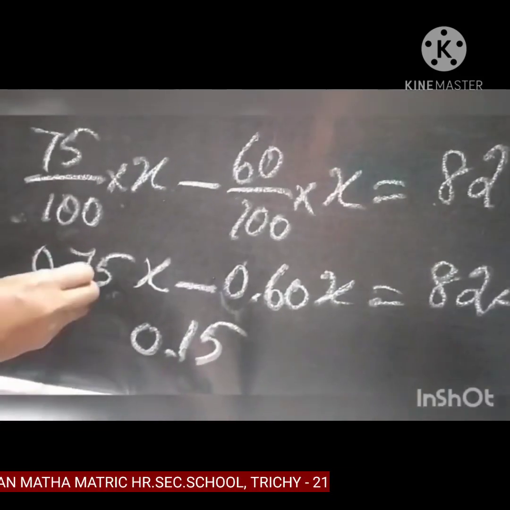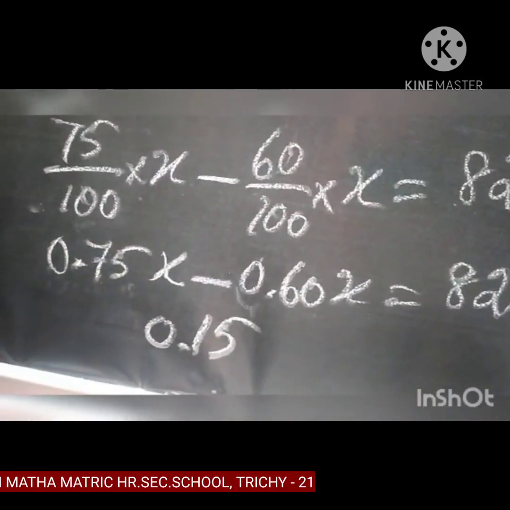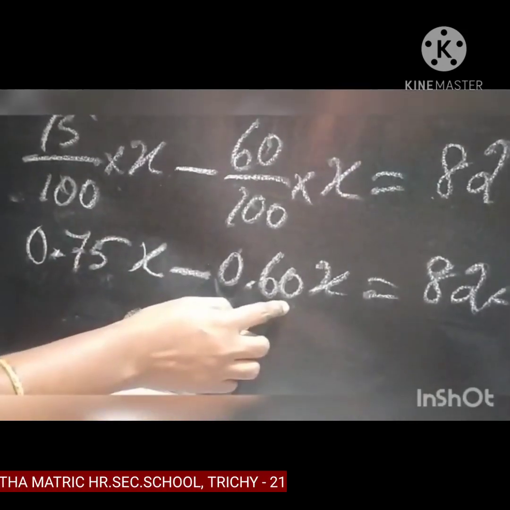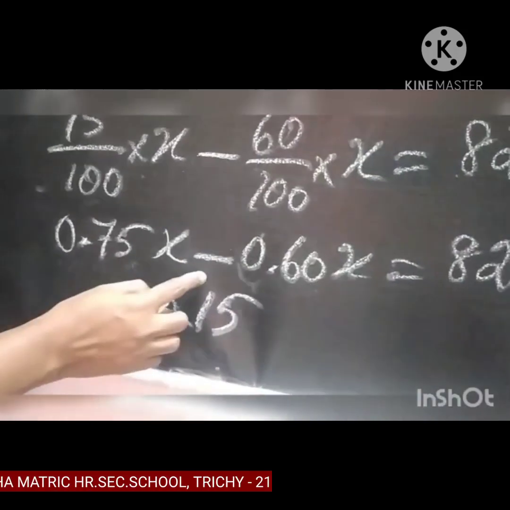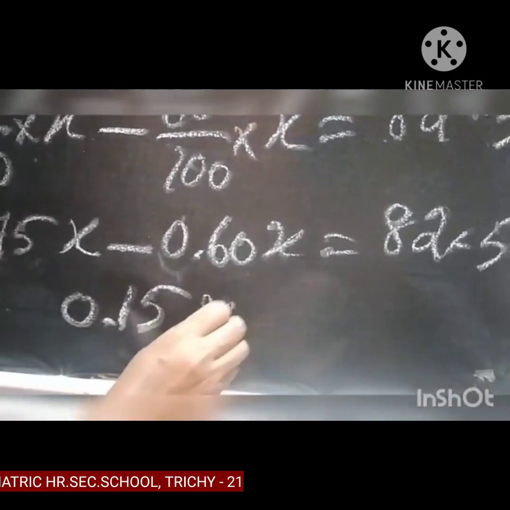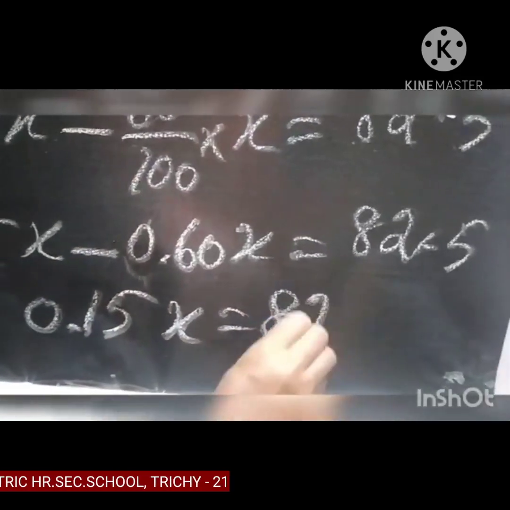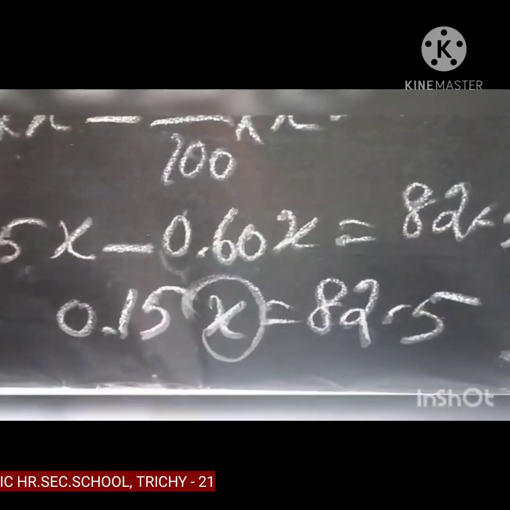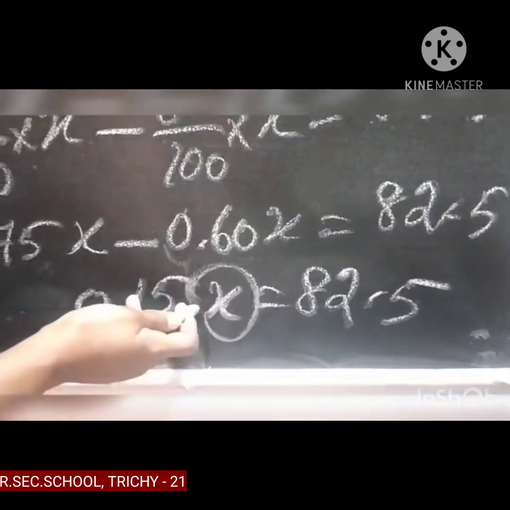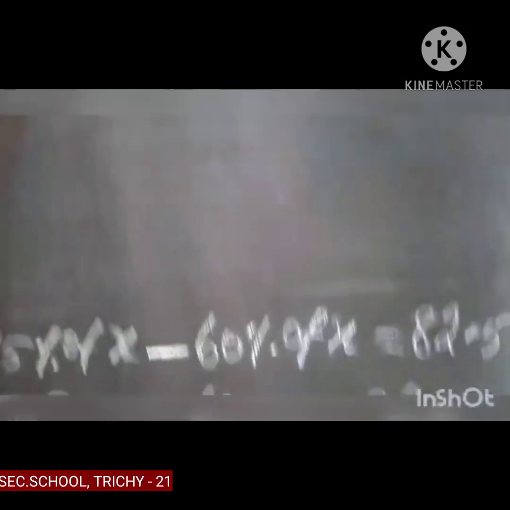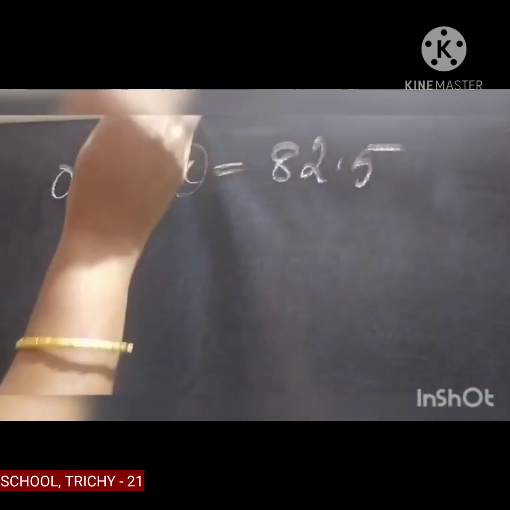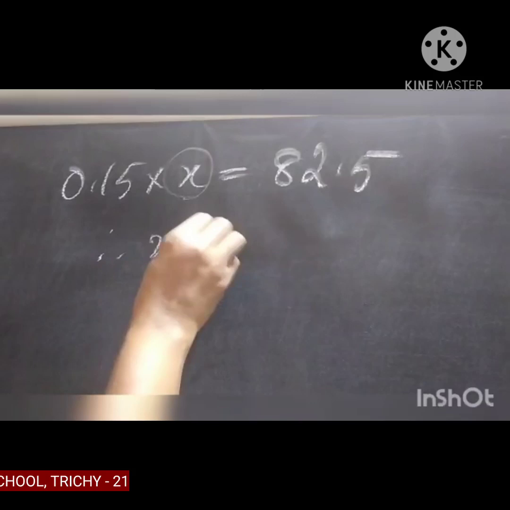After the decimal point, you tell the numbers one digit at a time, so 0.75 minus 0.60, the value is 0.15x equal to 82.5. Now 0.15 into x, where no sign means multiply. You want to find the value of x.